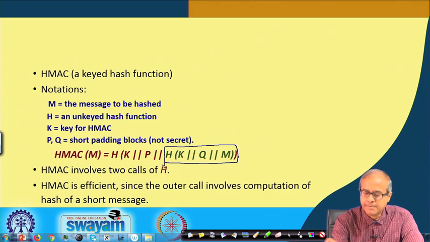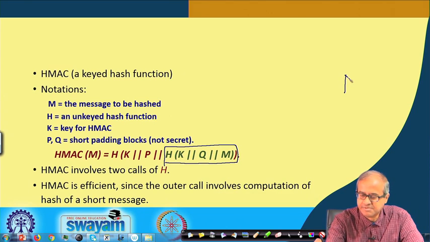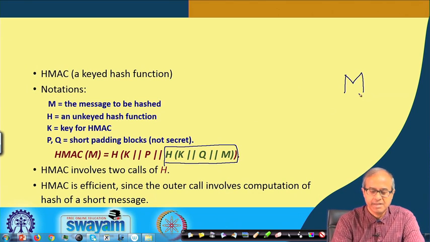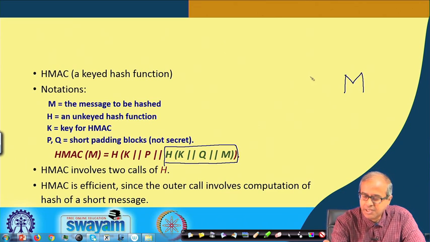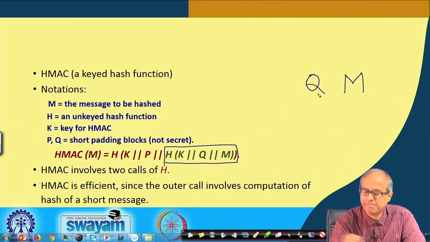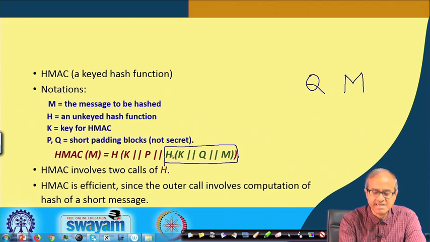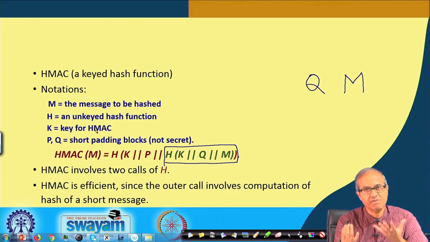where you have the message M, you have a short padding block Q, you add Q to this M, and there is a secret key K. Just like encryption decryption, you have a secret key also, but you are not doing an encryption.